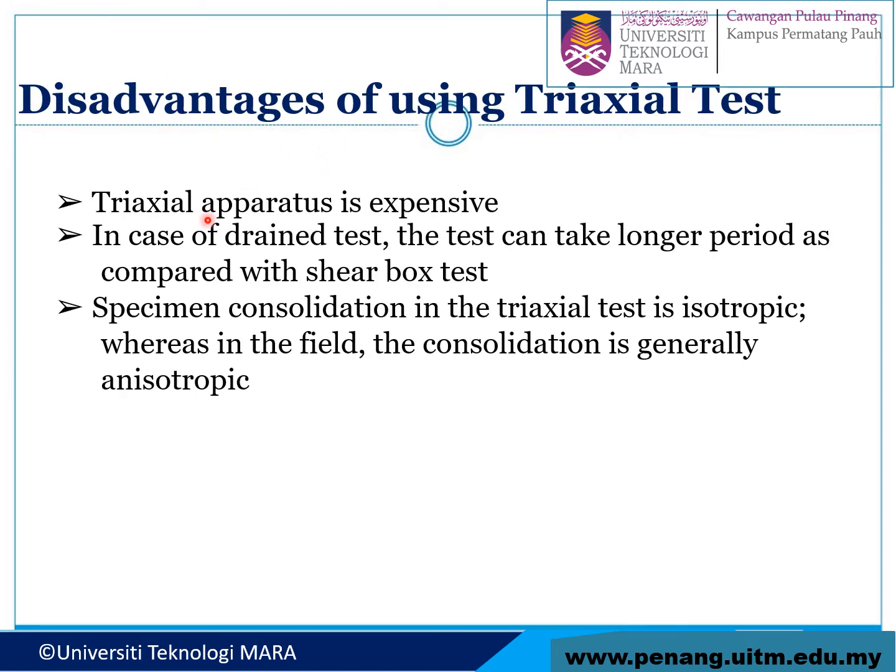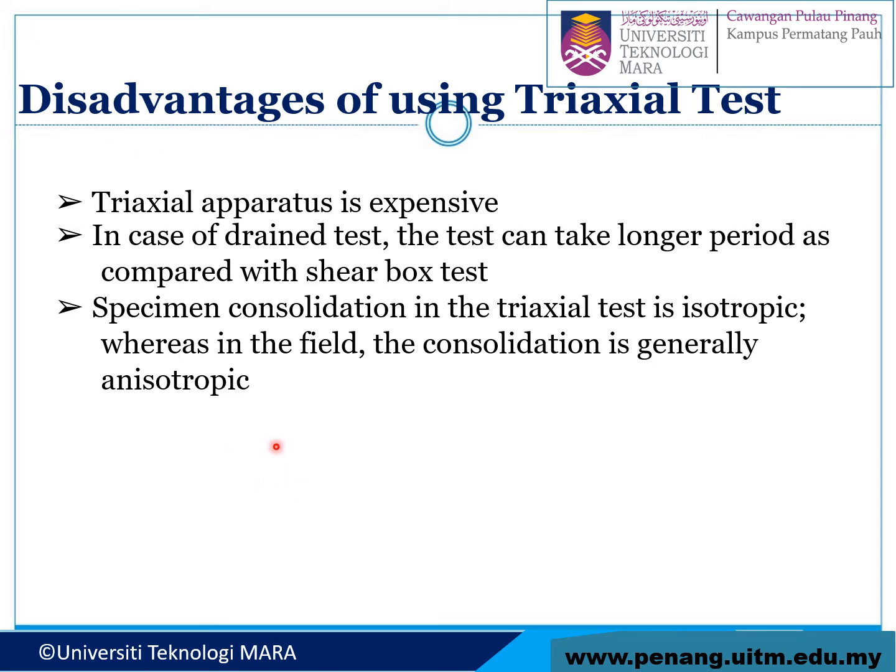Disadvantages of using triaxial. First, the triaxial apparatus is so expensive. For the drained test, the test can take a longer period as compared to the shear test. Specimen consolidation in the triaxial test is isotropic, whereas in the field, the consolidation is generally anisotropic. So these are the disadvantages.